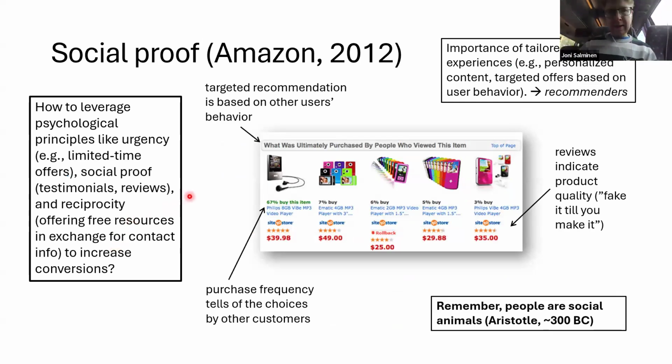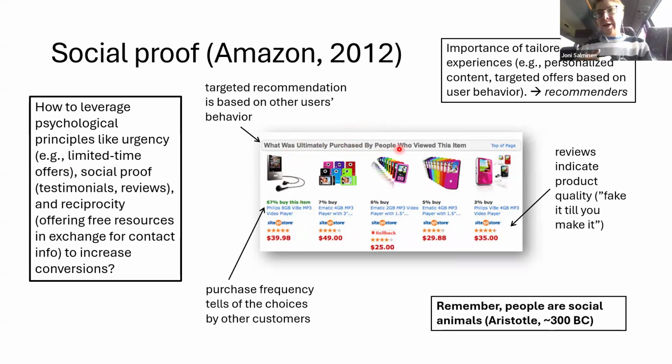So, and then social proof. What did other people buy? What is currently popular?